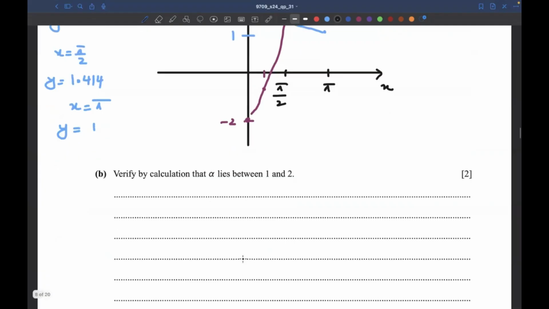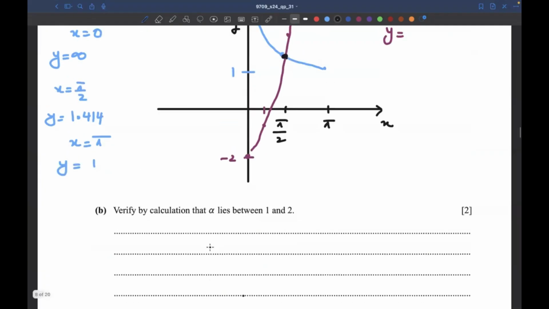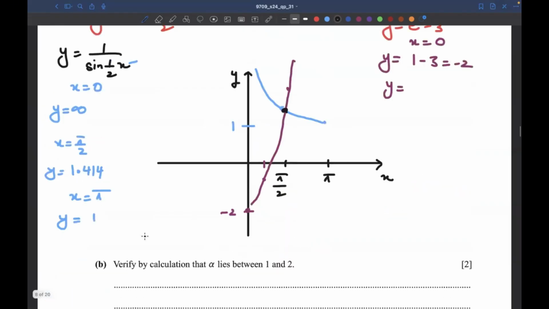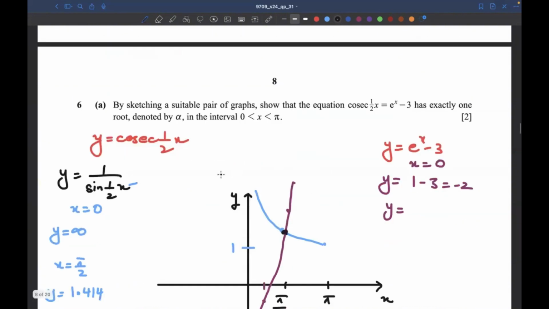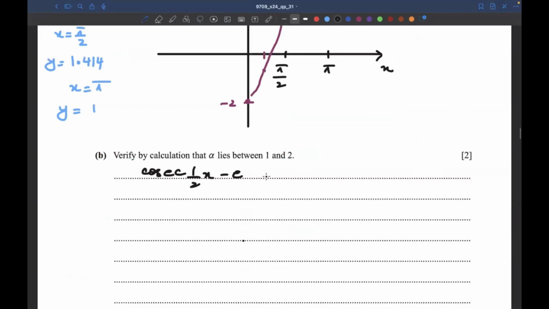In part B, we have to verify with calculation that alpha lies between 1 and 2. So first we'll write this equation as cosec half x minus e power x plus 3 equals 0. We'll first substitute x equals 1 and then x equals 2, and we'll have to show there is a change in sign.